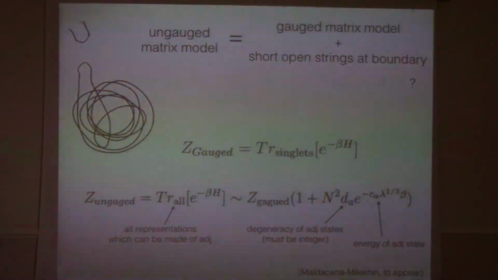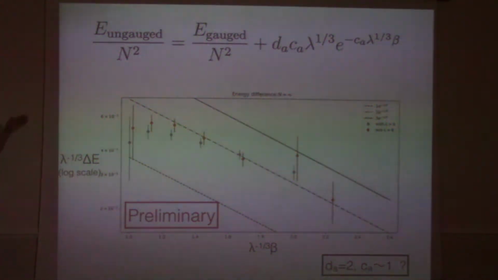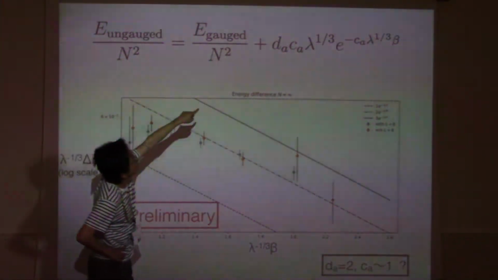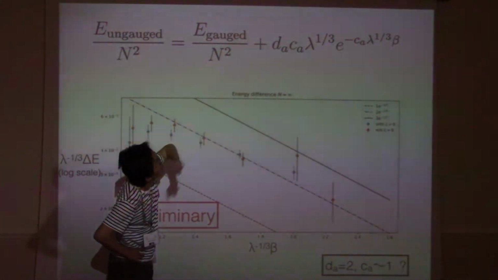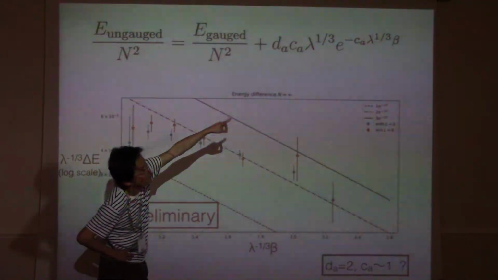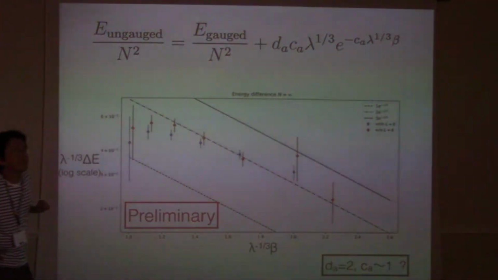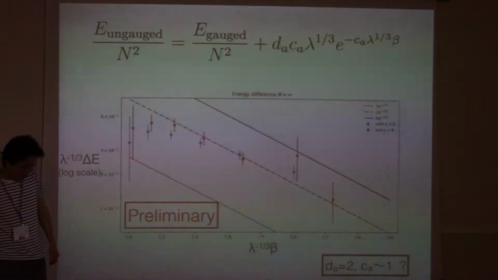And if you calculate the energy from this partition function, the difference between the energy in the gauged matrix model and the ungauged matrix model is just a constant times some unknown factor times exponential of minus 1 over T. In the string theory picture, it's just the short open strings attached to the boundary. So even without gauge symmetry, it's possible to have a perfectly good gravity dual, and the gauge symmetry does not have to be crucial.